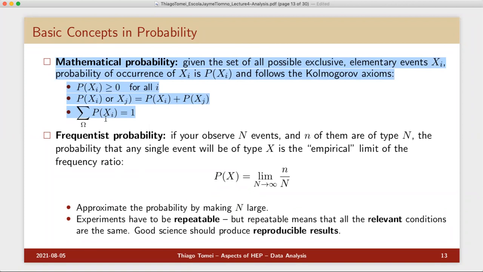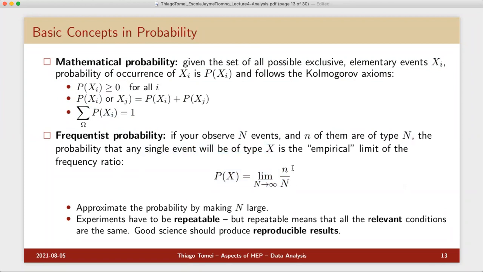If you define the frequentist probability, then it's something that we as physicists can work with. If you observe large N events and small n of them are of type x, then the probability of an event being of type x (sorry, there are typos here, I'm going to fix this later) is this empirical limit of the frequency ratio.